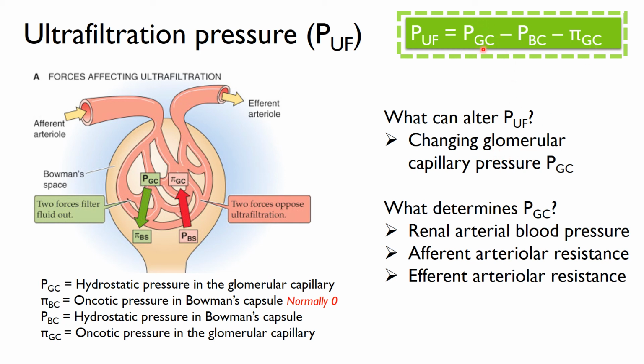If you change any of these values, the hydrostatic pressure or the oncotic pressure, that can change the overall ultrafiltration pressure. If you change the overall ultrafiltration pressure, that can influence glomerular filtration rate. An easy one of these that gets changed most frequently is the hydrostatic pressure in glomerular capillary. What can change that? Well, overall blood pressure in the renal artery, the resistance in the afferent arteriole, or the resistance in the efferent arteriole.